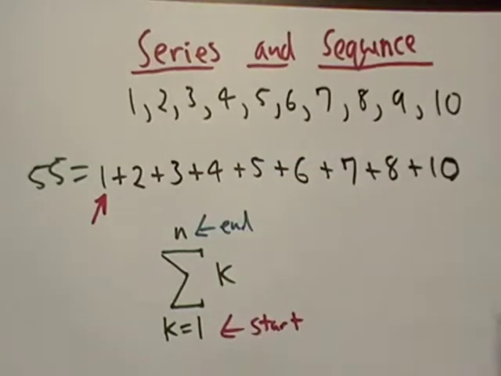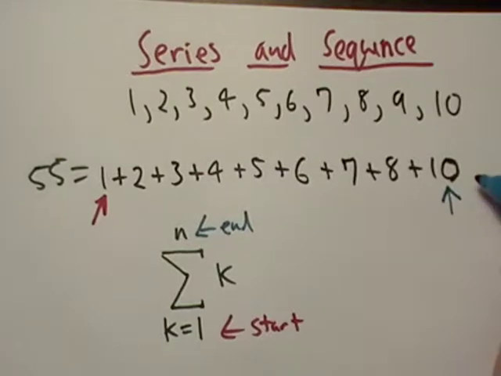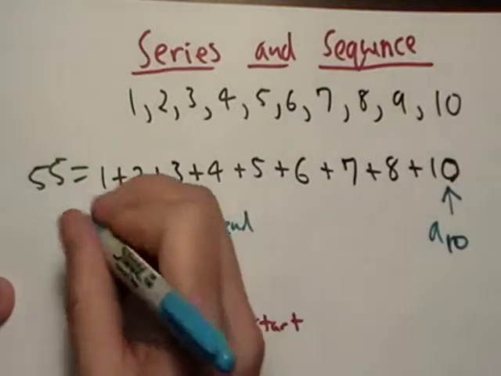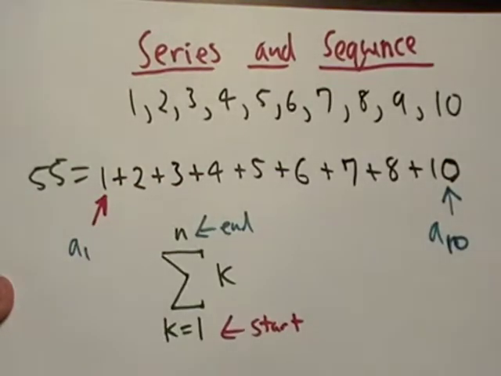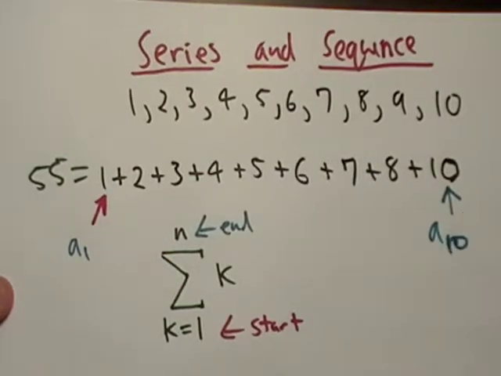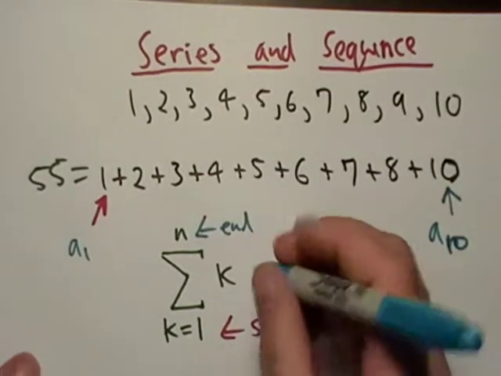In this case, the number was 10, but it's actually referring to a sub 10, and this is referring to a sub 1. In this case it was going to be 1, and it happens to be 10 in this case, but that's what it's actually looking for. Depending on the formula, these numbers could be different. In this case, it's just a regular old k.